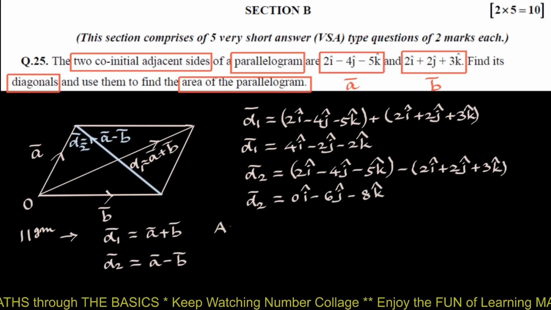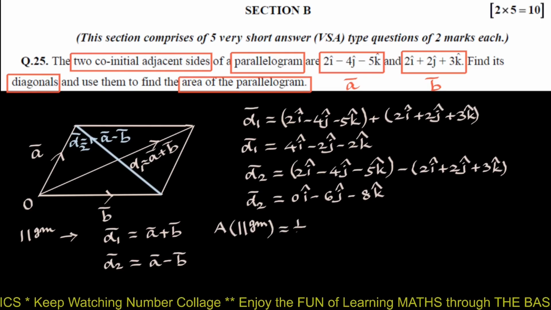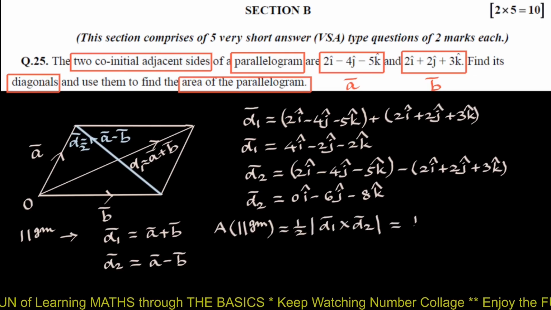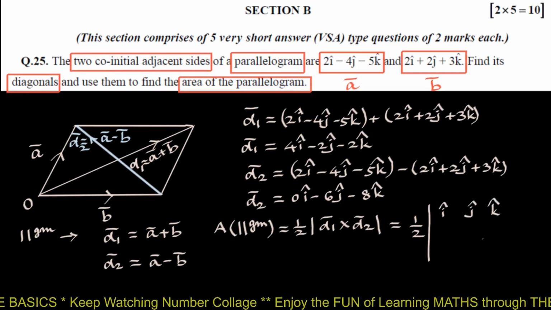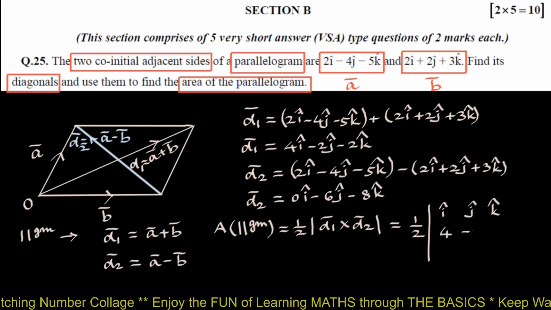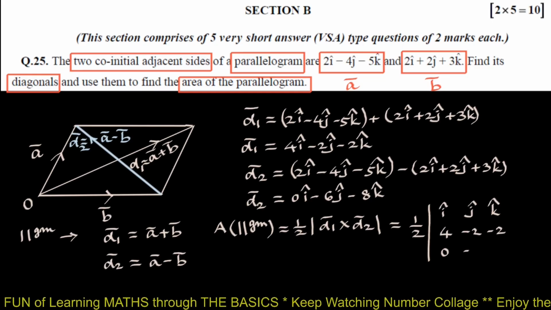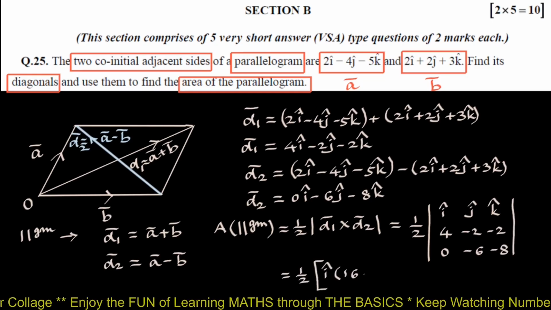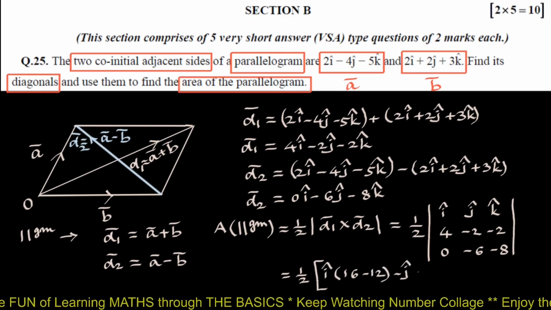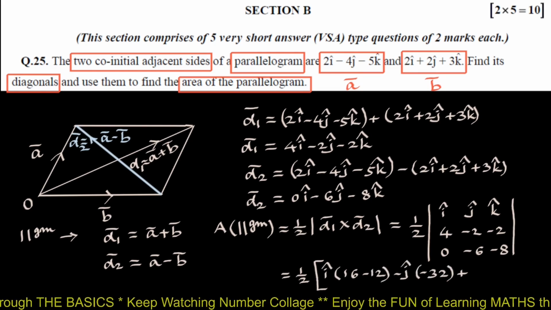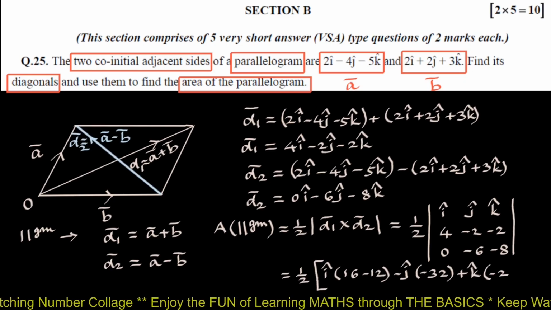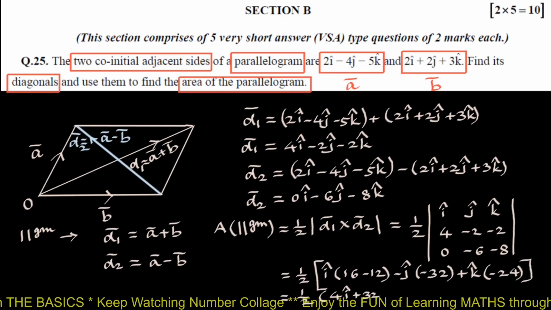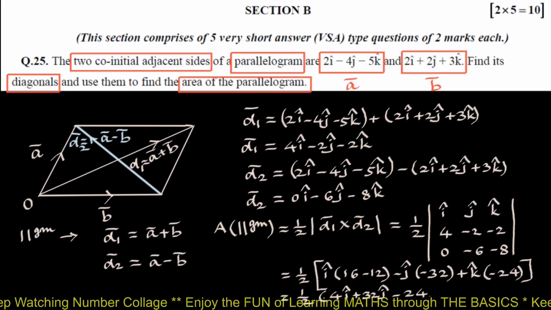Now the area of the parallelogram is half mod of d1 bar cross d2 bar, which is half determinant of i j k, 4 minus 2 minus 2, 0 minus 6 minus 8, which is half of i cap into (16 minus 12) minus j cap into (minus 32) plus k cap into (minus 24), which is half into 4 i cap plus 32 j cap minus 24 k cap.